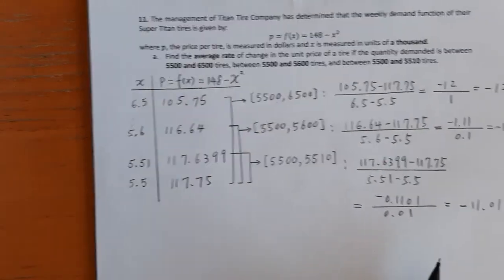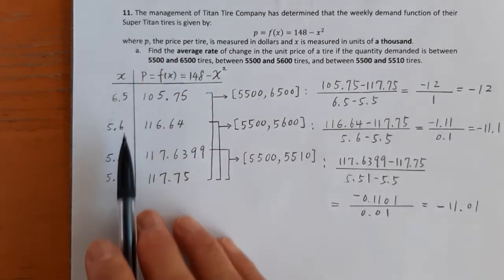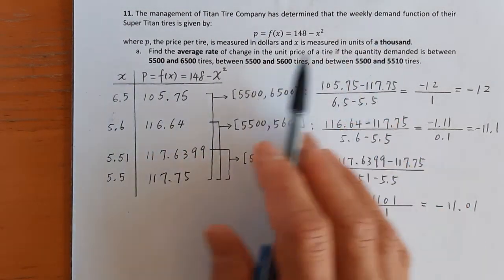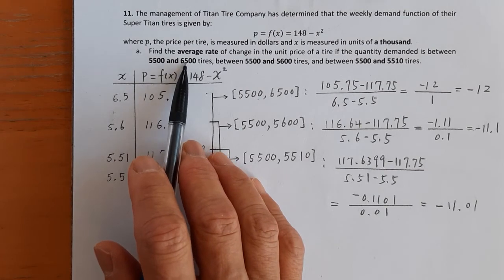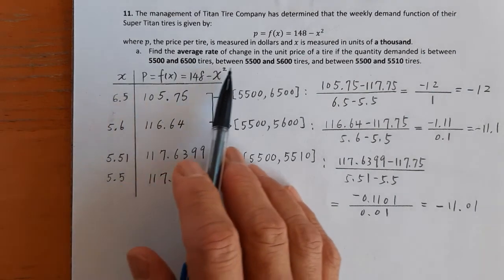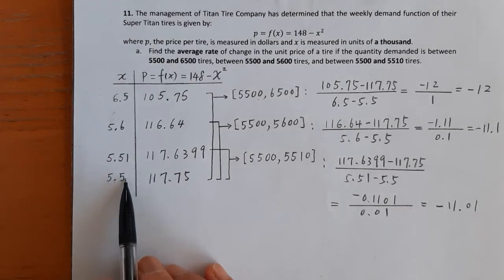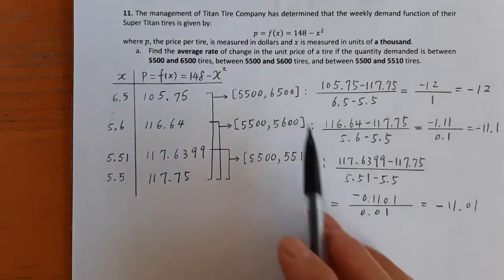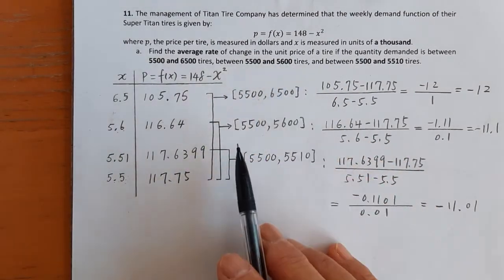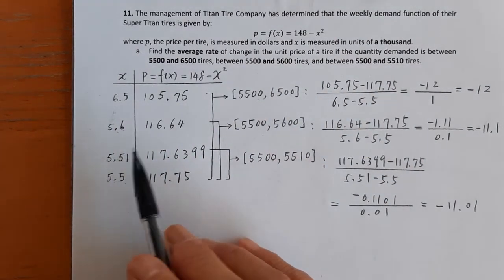First of all, we list out a table, from the largest to the smallest. Because x has to be in thousands, 6,500 is 6.5 thousand, so x is 6.5. The smallest is 5.5 thousand. The next one is 5.6 thousand. The next is 5.51 thousand.